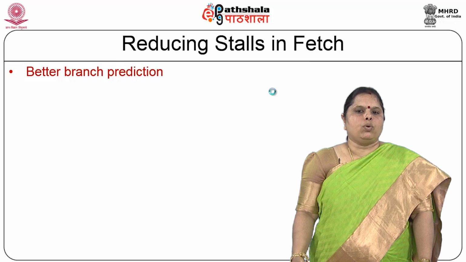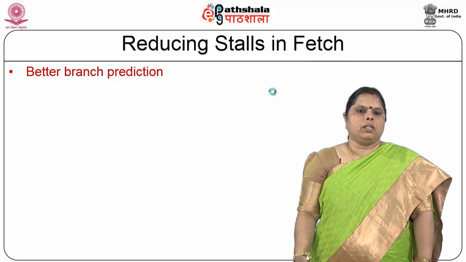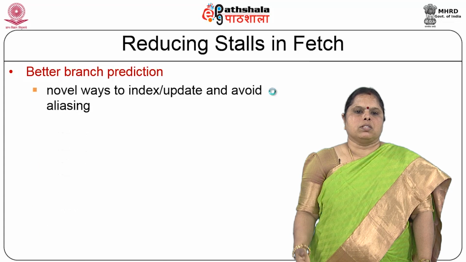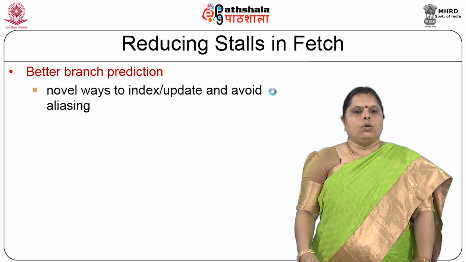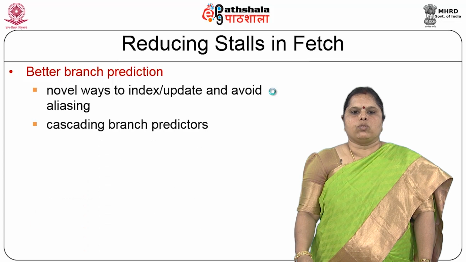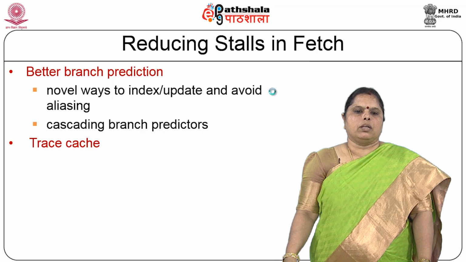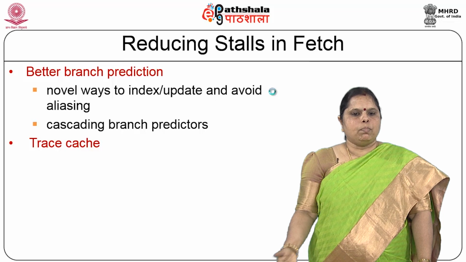If you are trying to issue multiple instructions every clock cycle, you will also have to fetch multiple instructions. And if you have to reduce stalls in your fetch operation, you will need better branch prediction, where you will have to find novel ways of indexing, updating, and avoiding aliasing errors. You will have to cascade branch predictors, because you will have to look at multiple branch predictions.